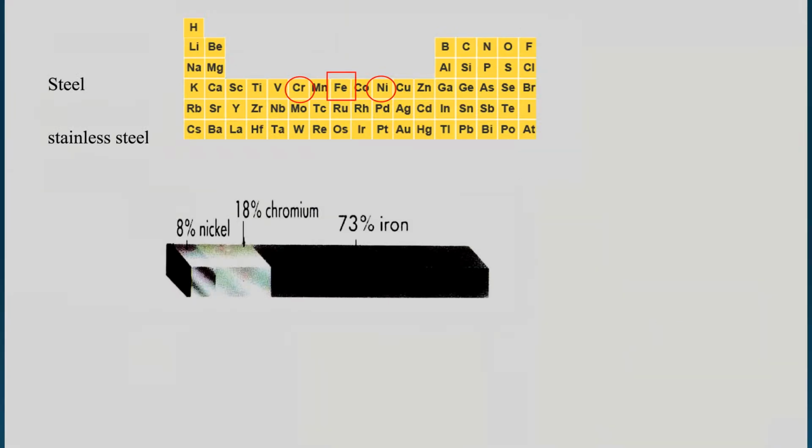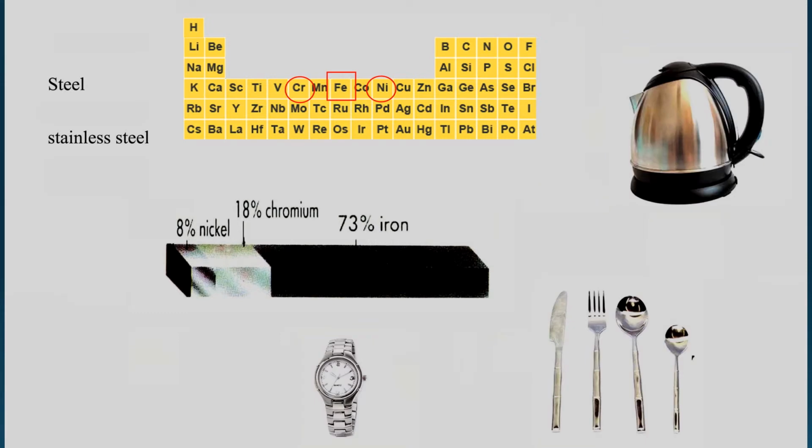When steel contains chromium and nickel, we call it stainless steel. Stainless steel doesn't rust. They make stainless steel kettles, stainless steel watch bells, stainless steel cutlery.